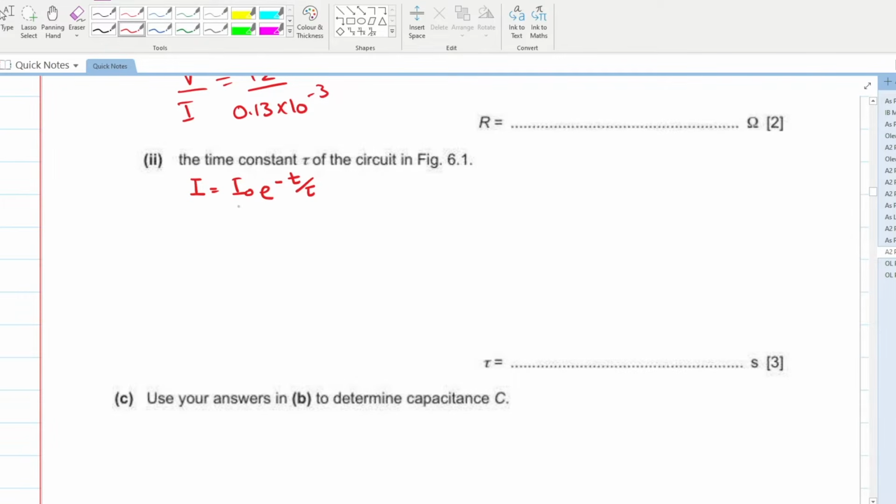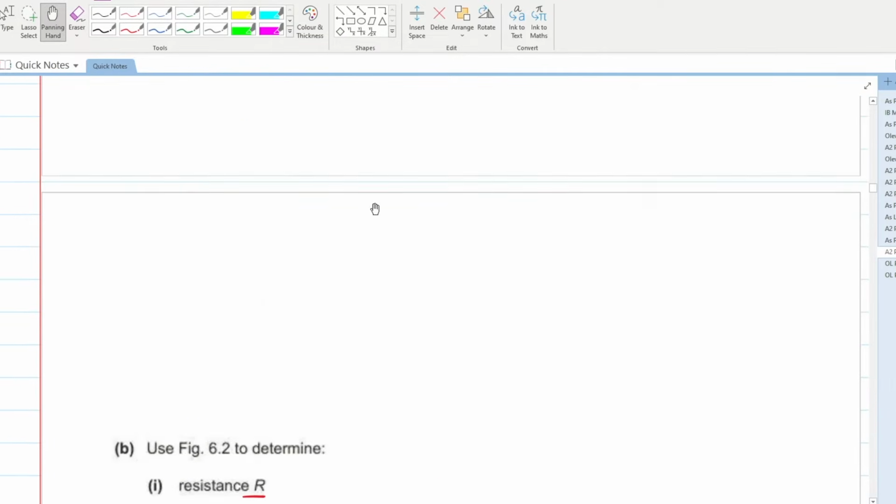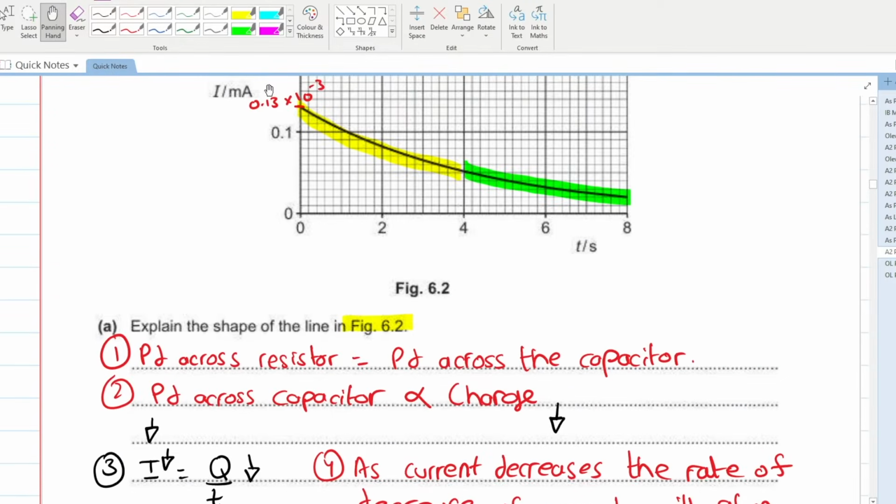Now, do we know the maximum value of current? I naught, do we know it? Yes, 0.13. Now take any value of current and time. Let's go here, and which is the most clear value? I think this value is fine.